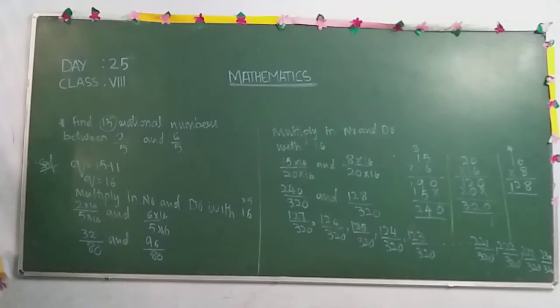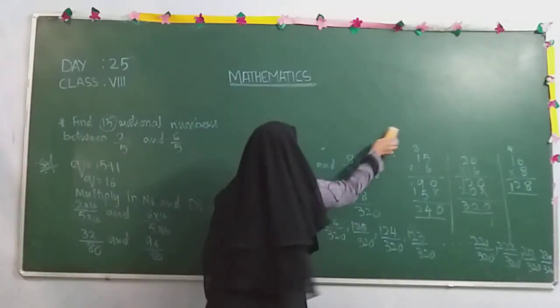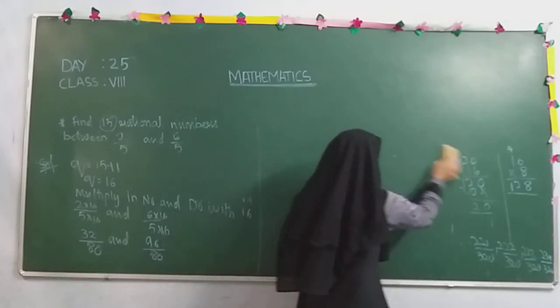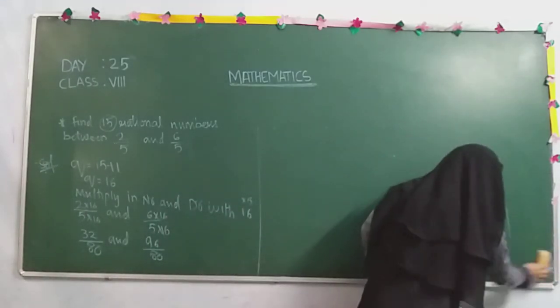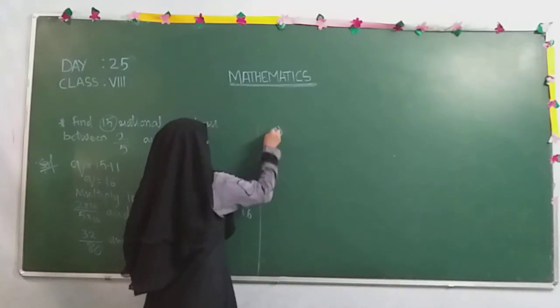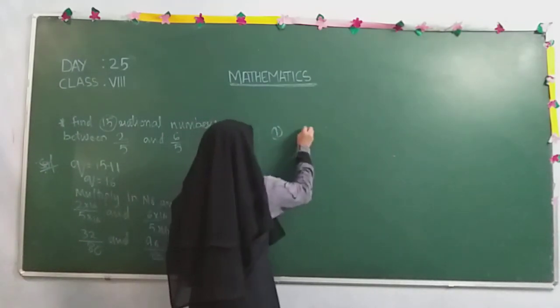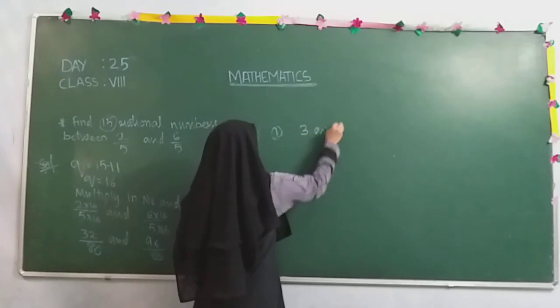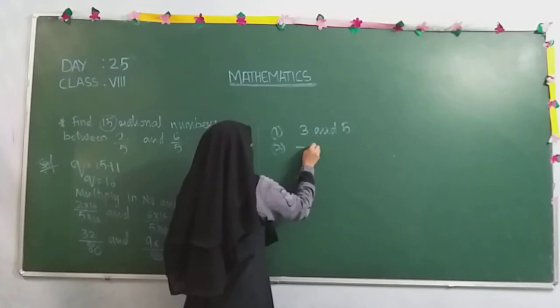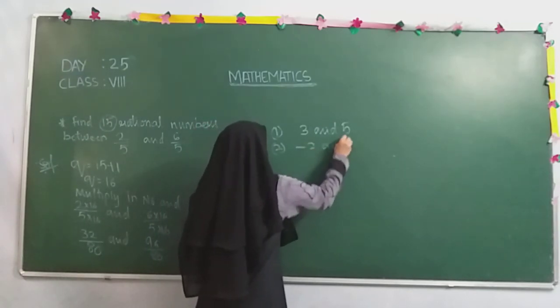So I will just write the types of questions which we have studied today and in the previous video. The first question was inserting rational numbers between, suppose, 3 and 5, and the second type of question was minus 2 and 4.